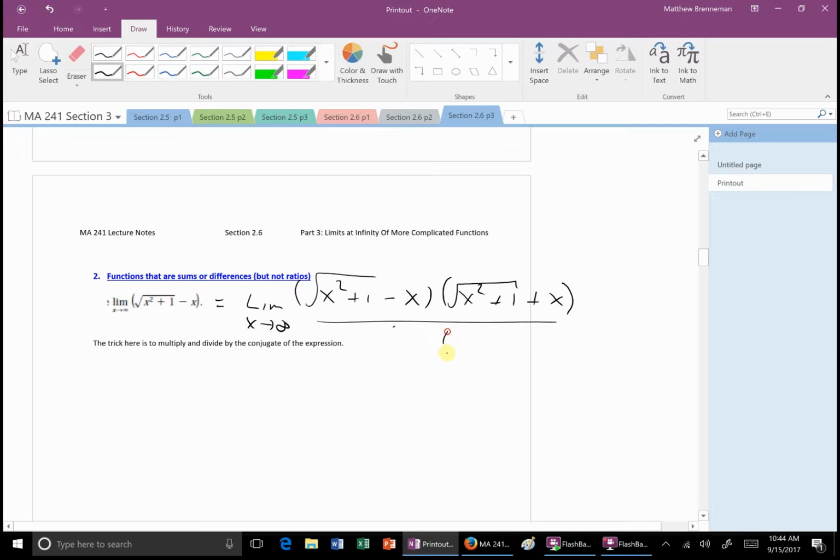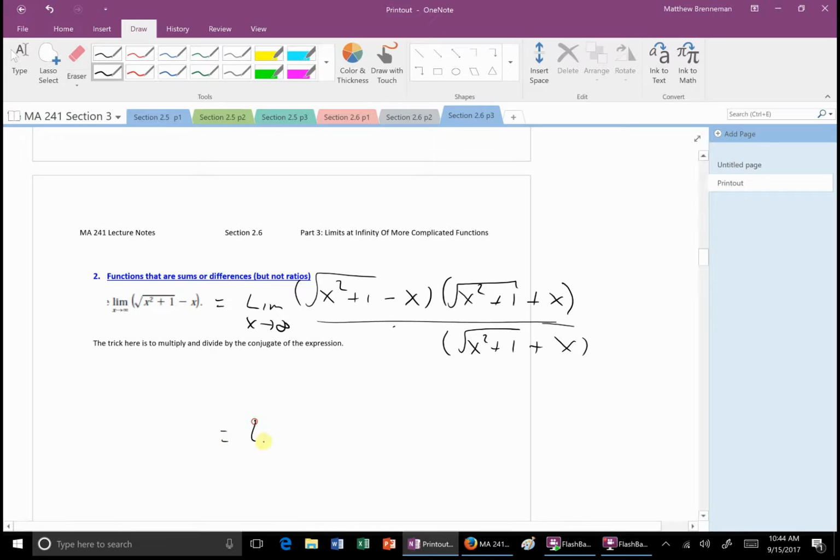Okay, so this is the conjugate. All right, and I can simplify the top, right? Because I'm going to have this squared minus this squared, and of course, when I square a square root, they're inverse functions; they undo each other.